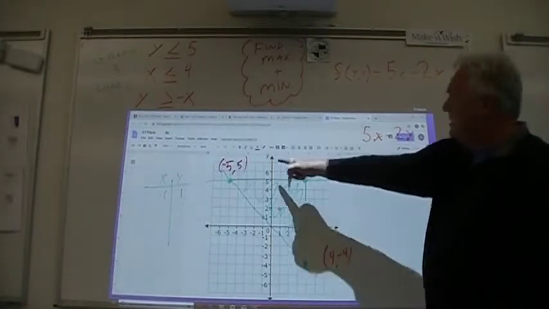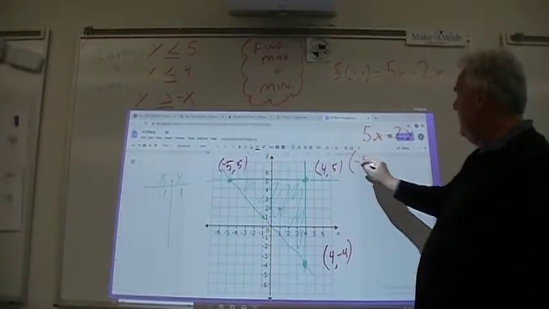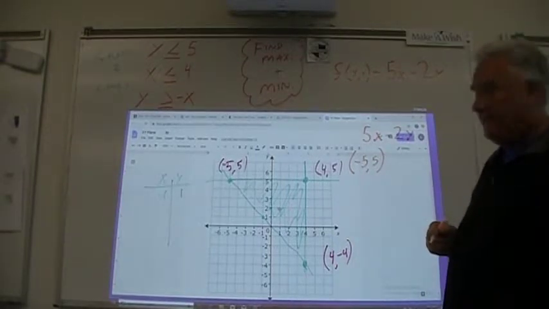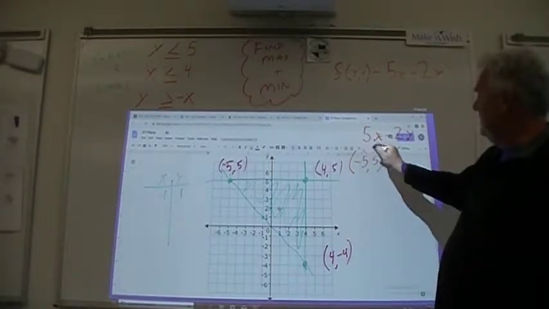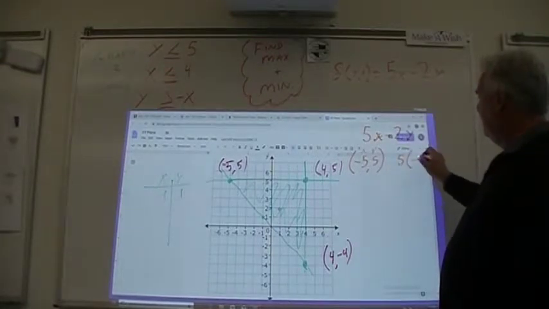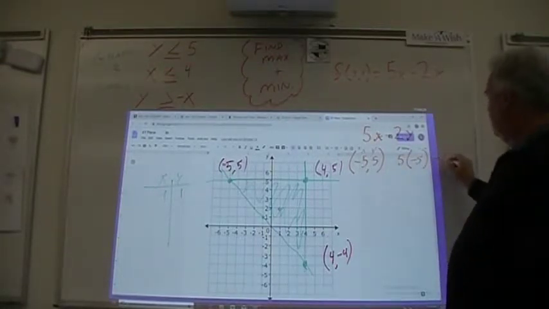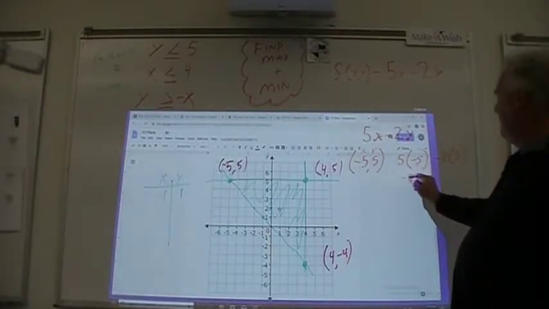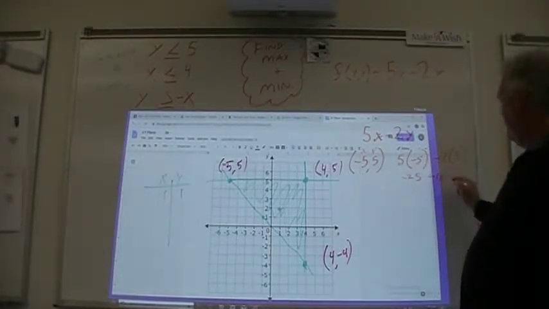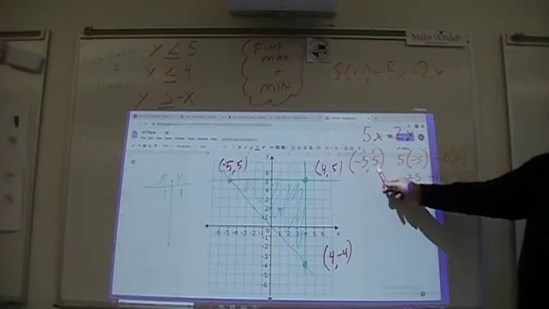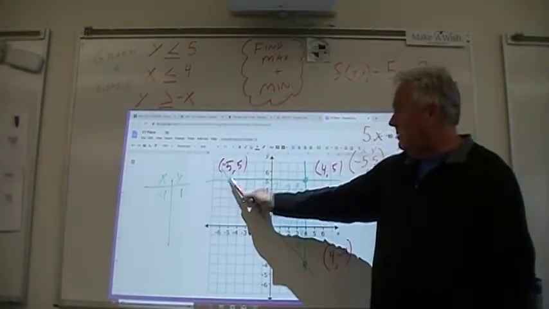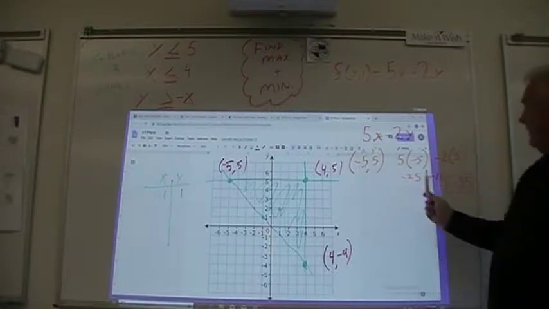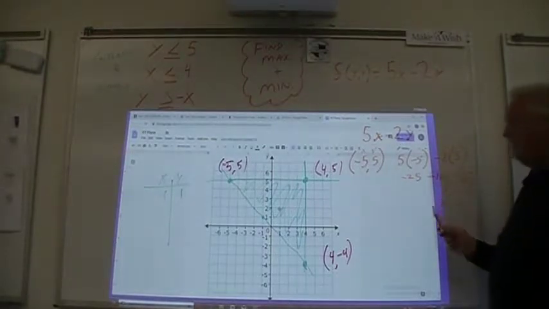So when we have negative 5, 5, plug this in for x and this in for y. 5 times negative 5 minus 2 times 5. 5 times negative 5 is negative 25 minus 10. So when we have this point, negative 5, 5, the result will be negative 35.